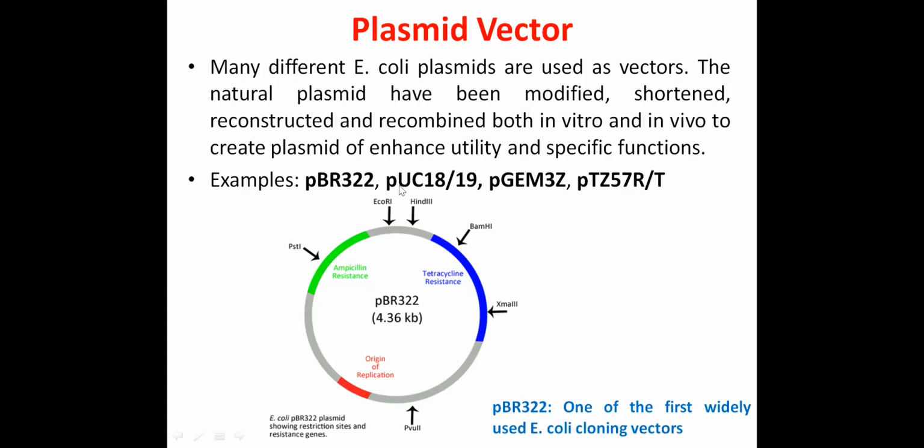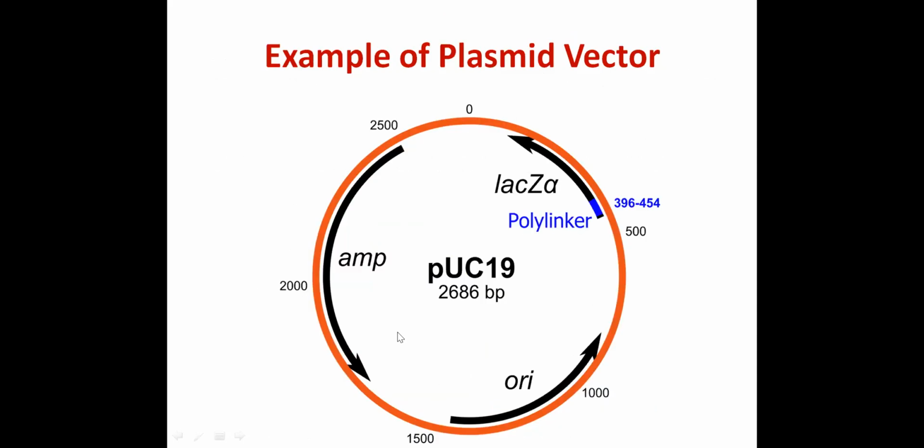It represents p for plasmid, U for University of C for California. This is also a plasmid developed from the same university, and it still carries the region of the pBR322. So this is the pUC19 vector.